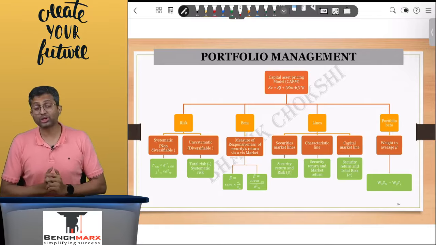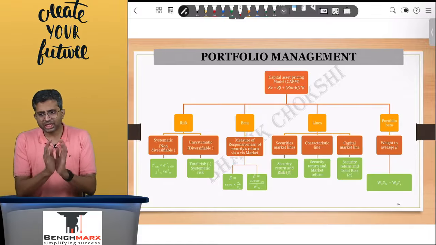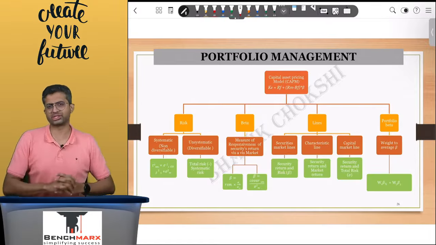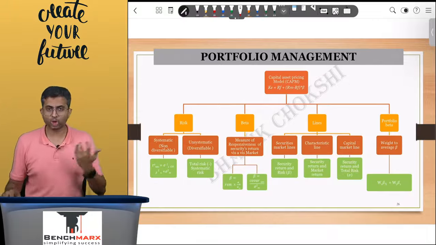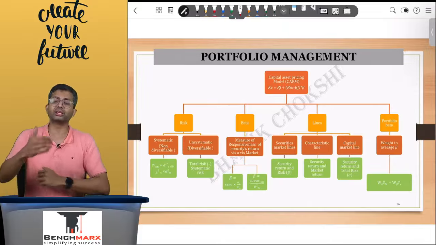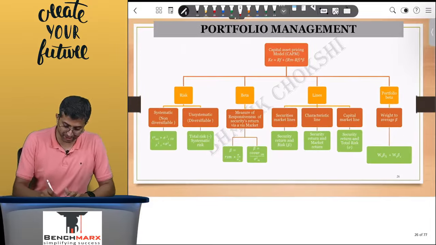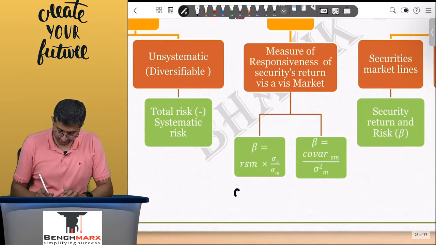Now, when we look at beta to be a measure of systematic risk, if one says that I want to measure systematic risk, how can that be? Well, technically that is the numerator of beta. So over here, what is beta? Beta is the risk of your security relative to that of the market. So when you look at beta, the numerator of beta is the correlation of the security with the market into the standard deviation of the security.